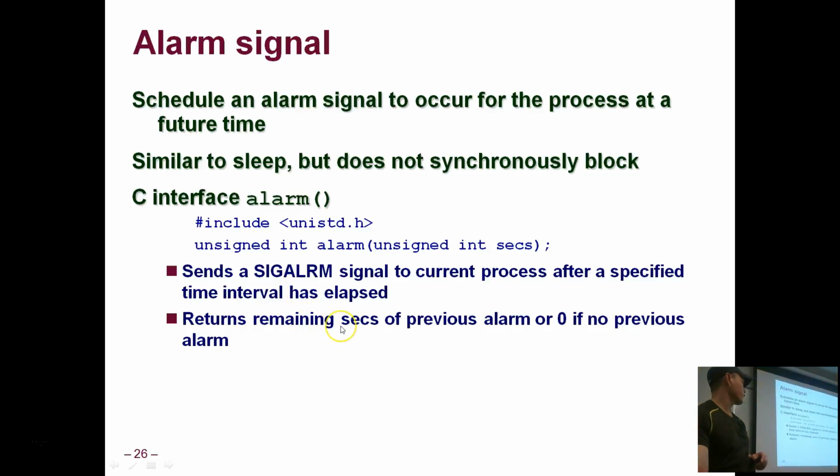And if it returns prematurely, then the remaining seconds is set as the return value. So it's similar to a sleep, except it doesn't synchronously block. The sleep will sit there and block, whereas an alarm says keep on executing, and later on I'll get a SIGALRM that will force my SIGALRM handler to run. And then you could do something interesting in the handler.